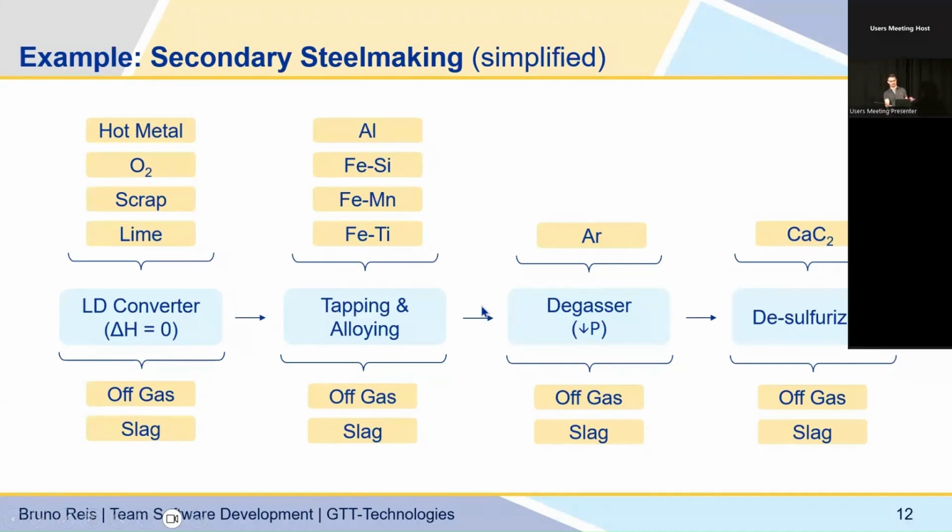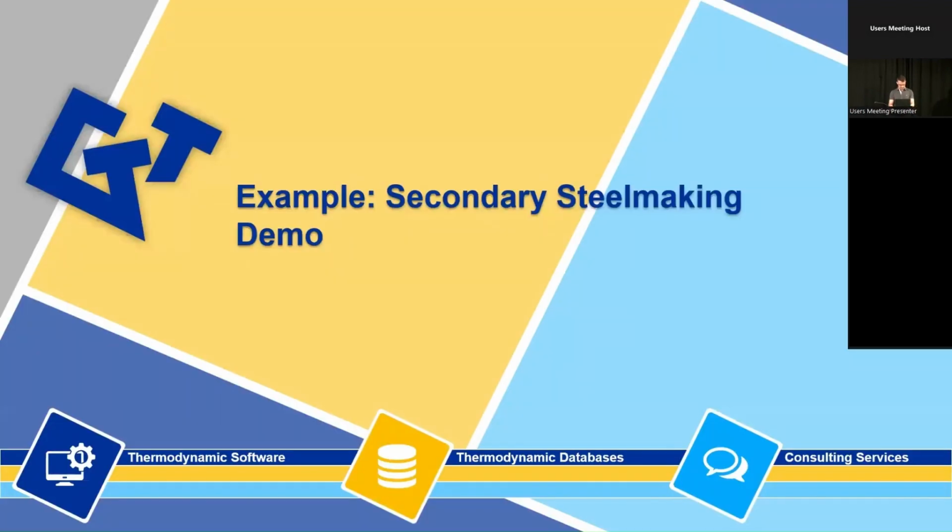The metal bath continues to the next step, which is the degasser, where we add some argon and we reduce the pressure to remove any possible content of oxygen, unwanted nitrogen and hydrogen. And by the end of it, we also perform a de-sulfurizing step for a higher purity of the steel, basically. And there we also add calcium carbide. That's basically the idea. Let's go now for the demo.